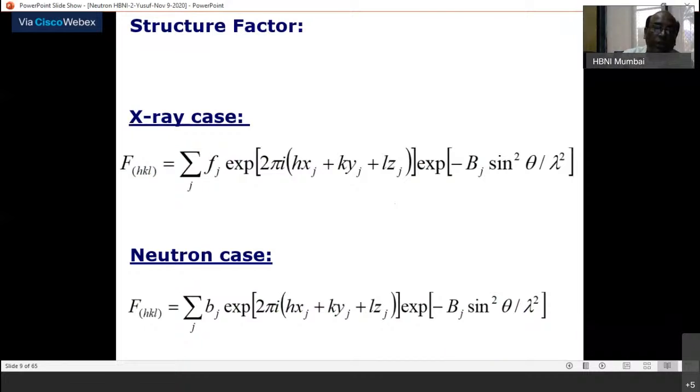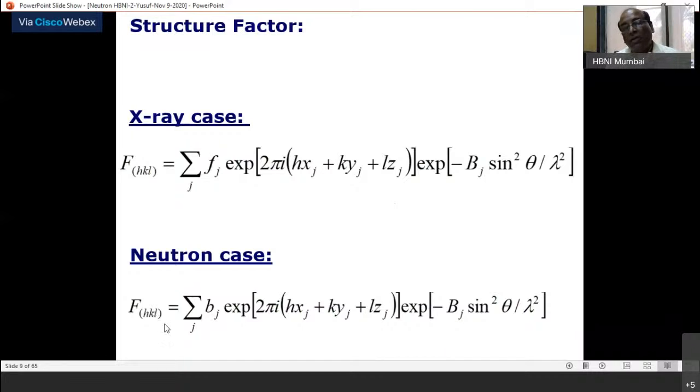If there is no deviation, the atom is fixed at its mean position, and this factor will be 1, meaning no reduction of the structure factor. As atoms vibrate with larger amplitude, this B will be large. There is a minus sign, so this will keep lowering the value of the structure factor. And you are taking the summation over all the atoms or ions in your so-called unit cell.